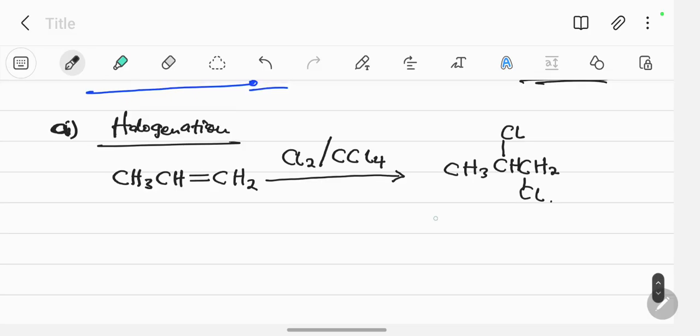So how do we call it? We call it 1,2-dichloropropane. Propane, because when you look at the parent chain, it has 3 carbon atoms.